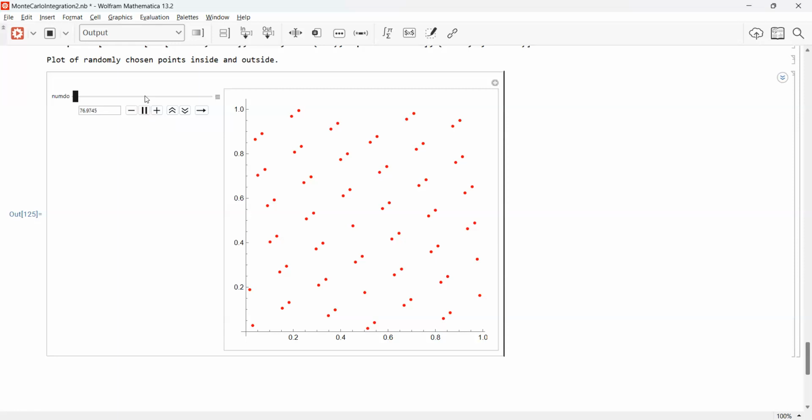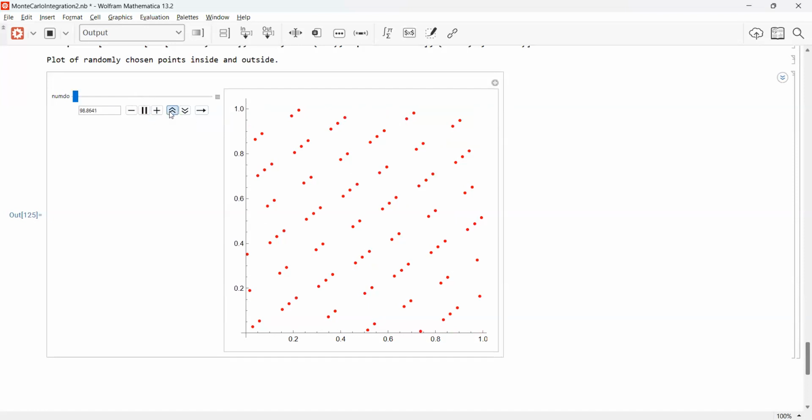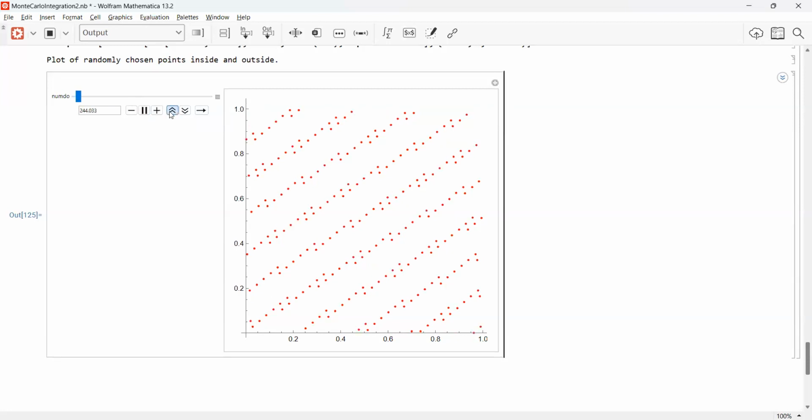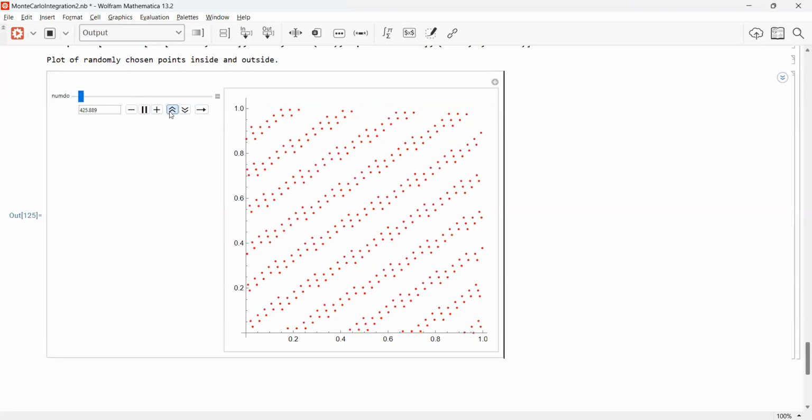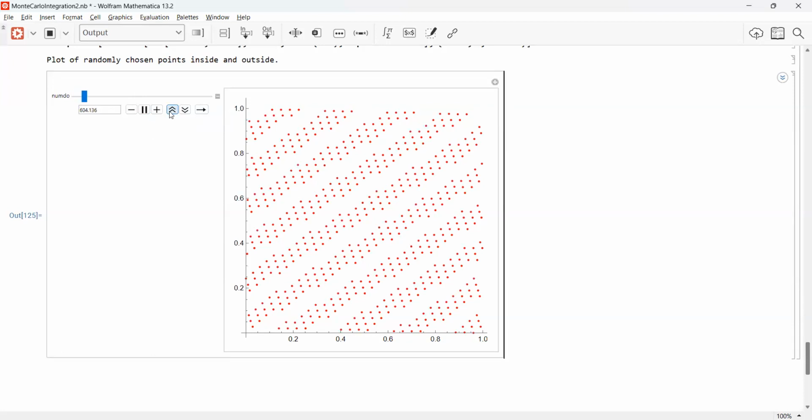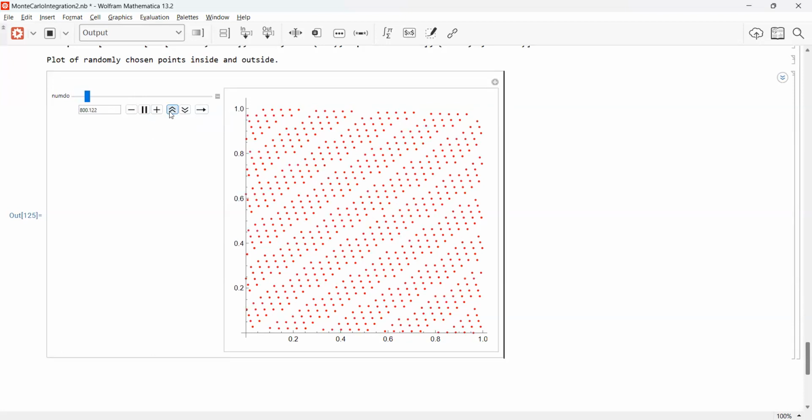So if I just jump forward a little bit in time, I'll jump forward by just speeding things up. And you can see it's just not quite aligning. And so because it's just not quite aligning, it is slowly going to start filling things up.